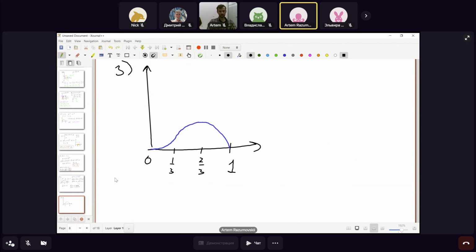And the question is which restrictions we should set on A and B such that the maximum price is in 1. So that was before.